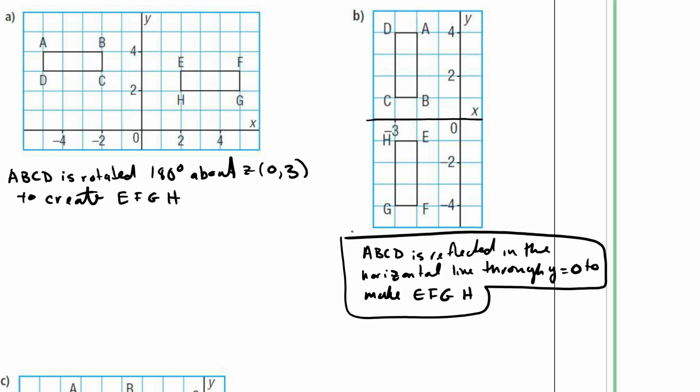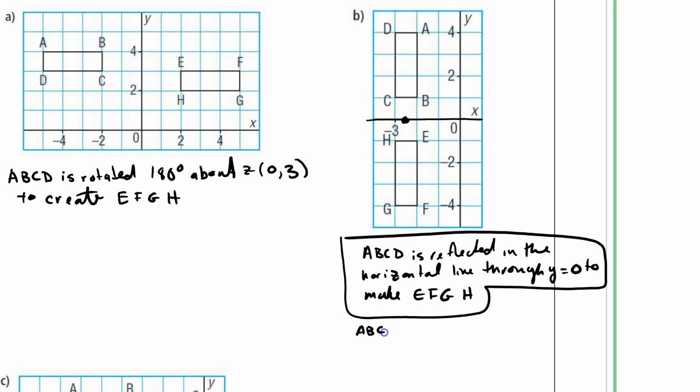But another thing is we can say that ABCD is rotated around the point (-2.5, 0) to produce this image here, EFGH.